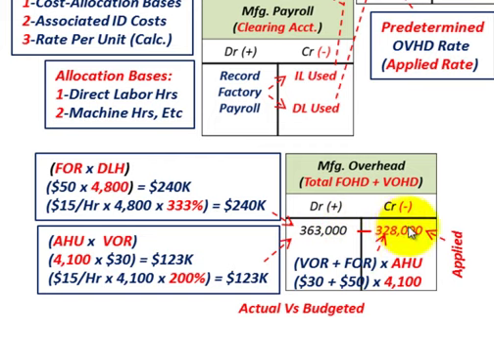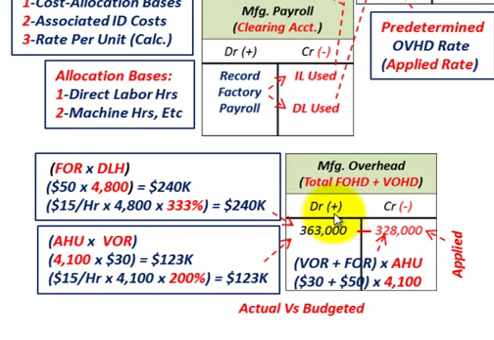There'll be some sort of variance, and your accounts are also all going to have to be changed so that you're using the actual overhead for the period. The predetermined adjustment is going to have to be made. That's another subject, and we won't get into that here.